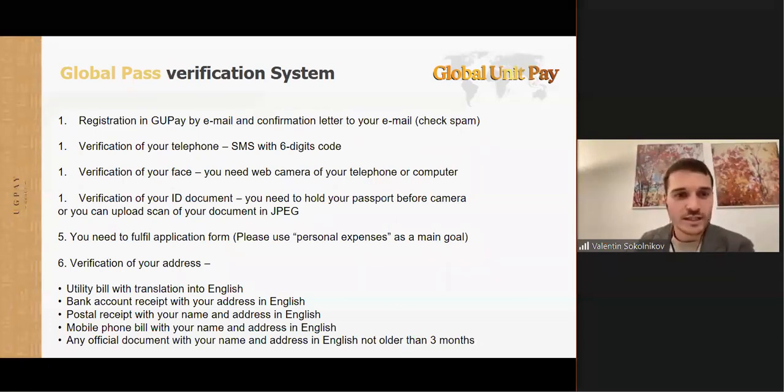Well, I believe it is more or less clear about addresses, and the driver's license is valid for the USA, UK, Canada, and Australia. You may use a driver's license there. For instance, in Australia, the driver's license is the identification document under the law. In other countries, a driver's license does not play this role, and you may be requested to provide other documents as proof of the source of money you receive.